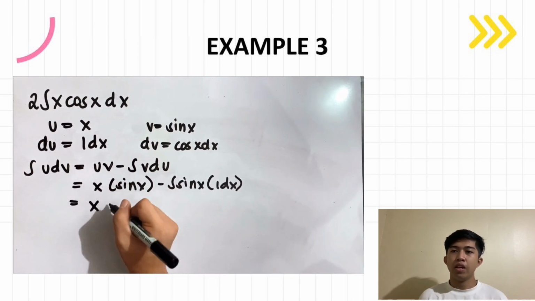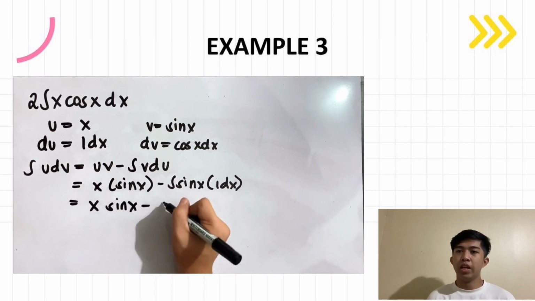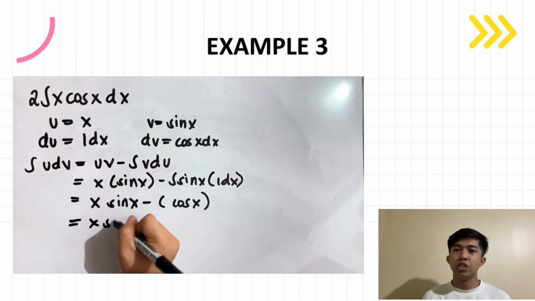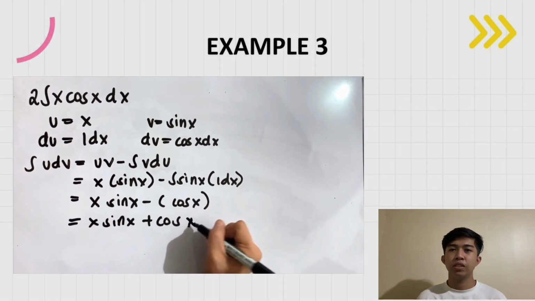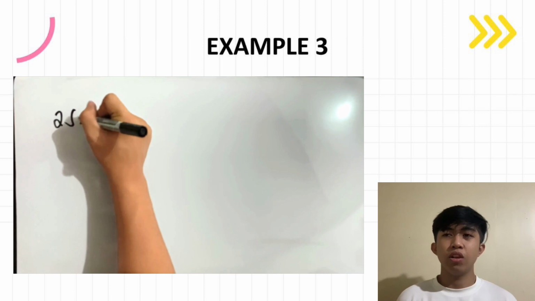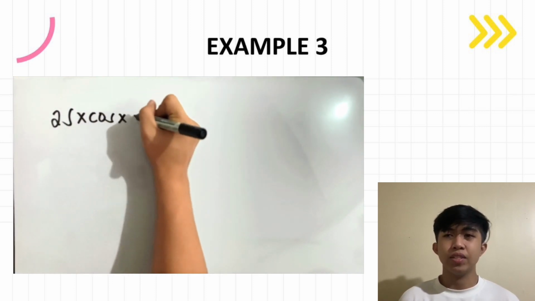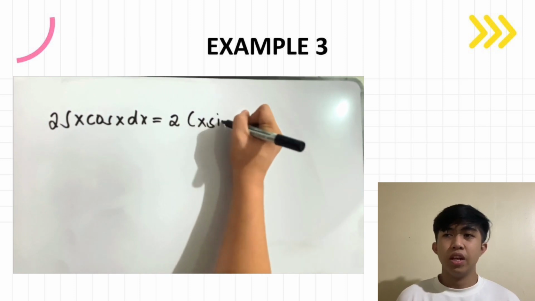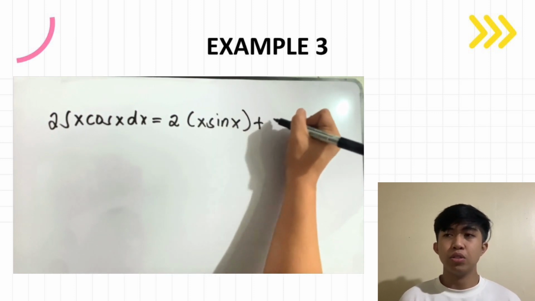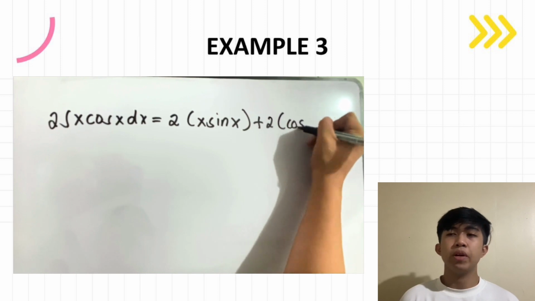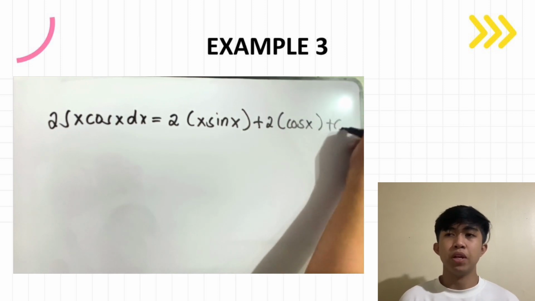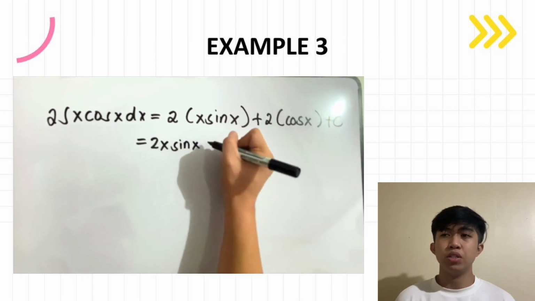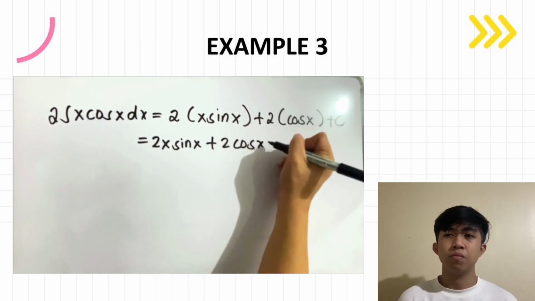Then x sine x minus negative cosine x. Then next is x sine x plus cosine x plus c. So the integral of x cosine x dx is equal to x sine x plus cosine x plus c, and multiplied by 2: 2x sine x plus 2 cosine x plus c.